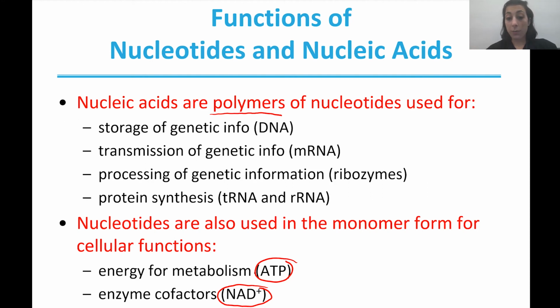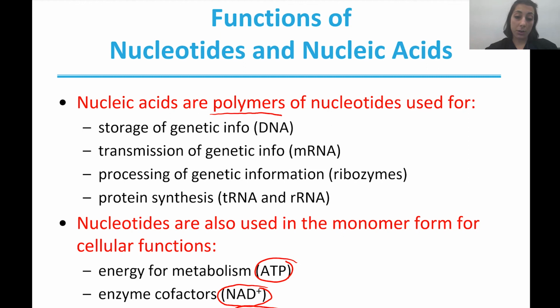Now, another example that isn't necessarily related to energy for metabolism and carrying energy, but to signal transduction. So how cells signal to each other or send a message through a cell.